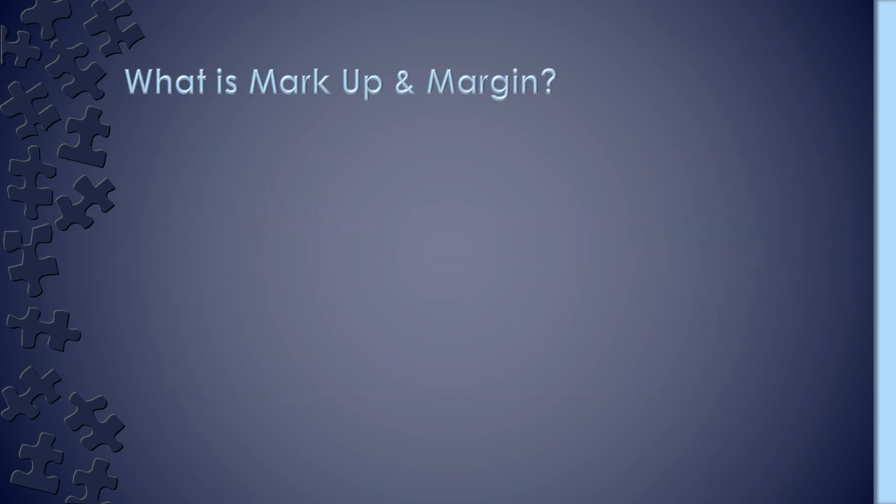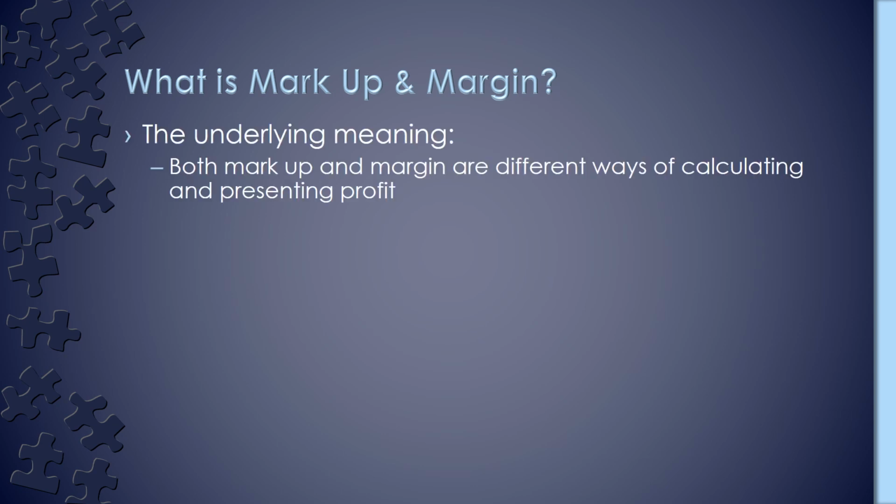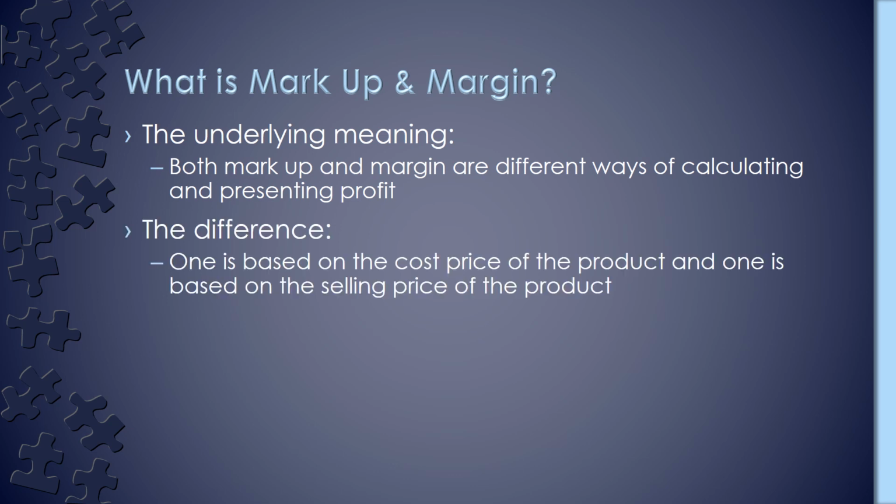So what is markup and margin? The underlying meaning is that both markup and margin are different ways of calculating and presenting profit. The difference between the two is that one is based on the cost price of the product and one is based on the selling price of the product.